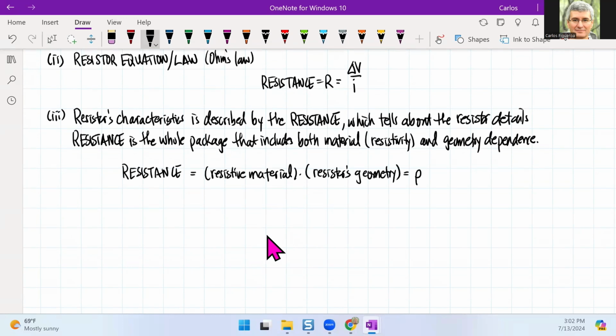And as we will find out, resistivity is a function of temperature. So I'll put the temperature in here times the length of the resistor divided by the area. So this is the resistivity.